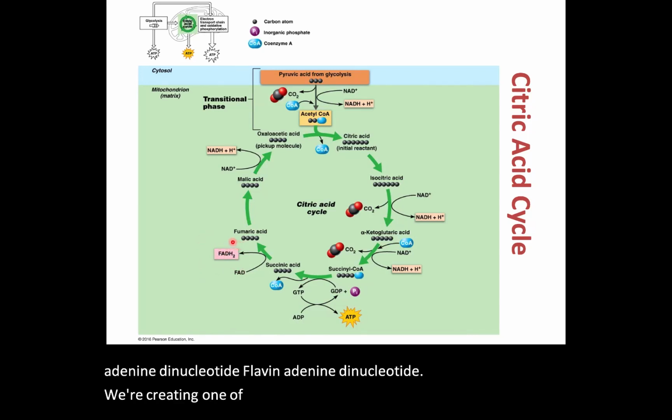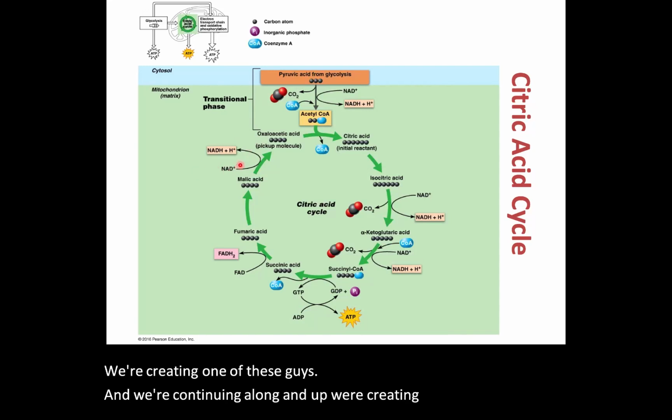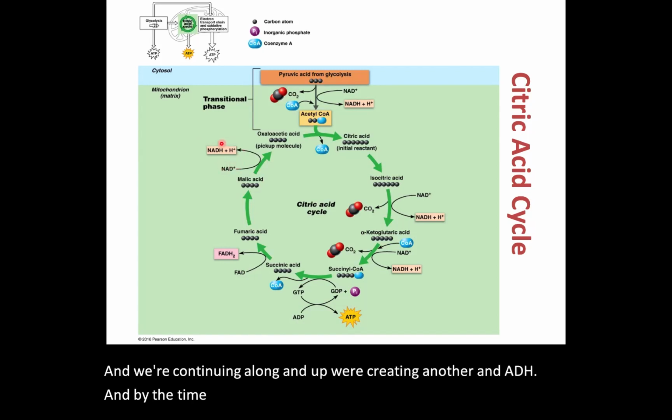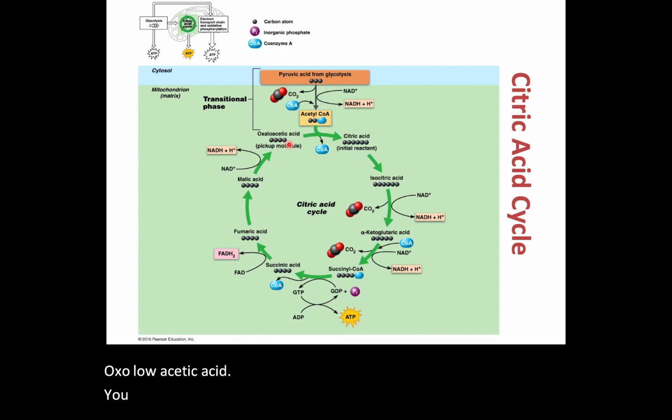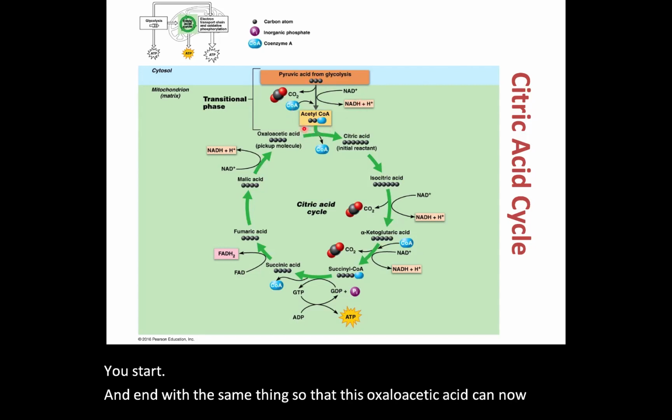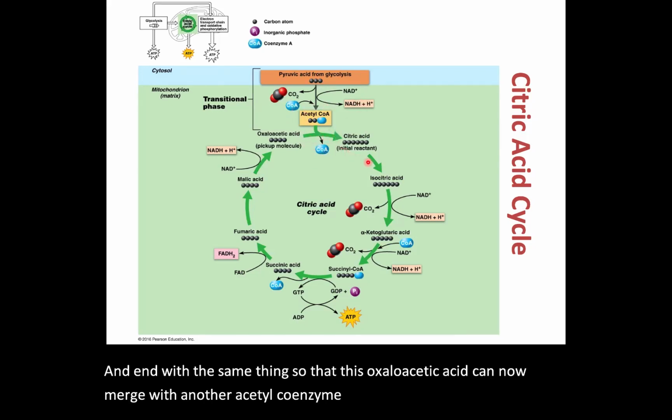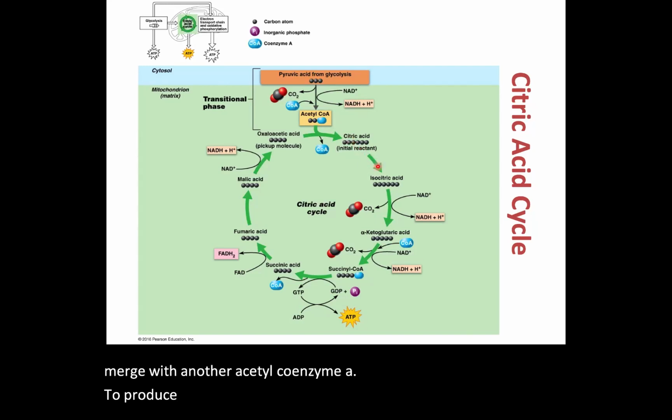And we're continuing along, and we're creating another NADH. And by the time we create this NADH, what do we have again? Oxaloacetic acid. You start and end with the same thing, so that this oxaloacetic acid can now merge with another acetyl coenzyme A to produce another molecule of citric acid to be able to run this again.